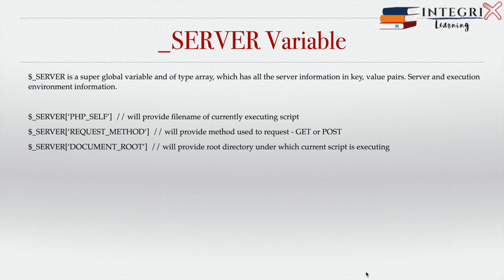We can also know whether the request method is GET or POST. We will utilize this in our session today. We can also know the document root, the root directory where the current script is executing. And there are many other keys which the $_SERVER variable, a super global variable, has.